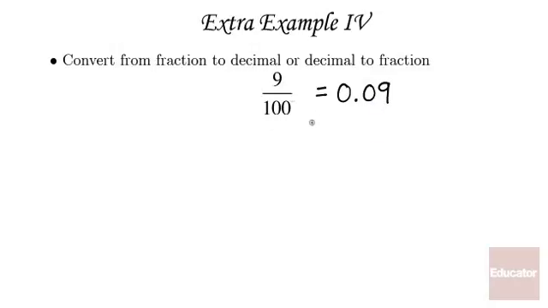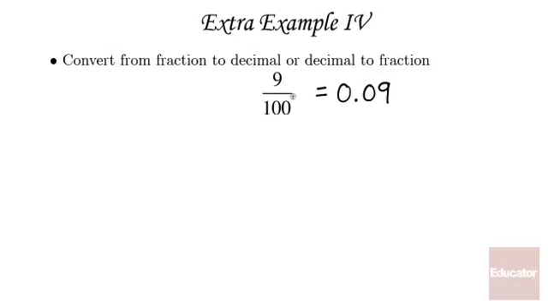Now you can also think of this as 9 divided by 100. So you can take 9 divided by 100, but since this is 100, I can do a shortcut here.